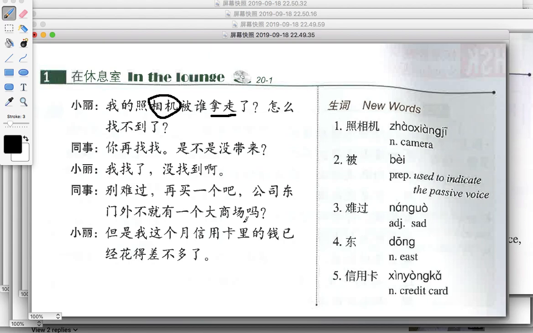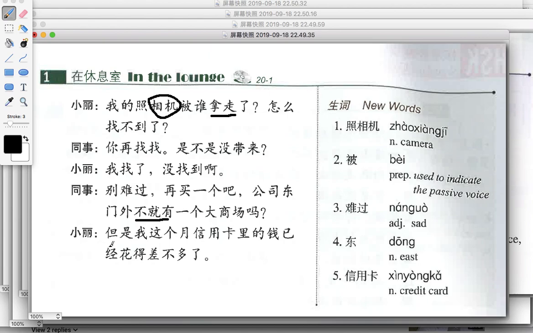We have 运动场, the sports field. 商场, business field, shopping mall. 公司东门外, outside the East Gate of the company. 不就有, that is a rhetorical question, another way of forming a rhetorical question. 不就怎么怎么样, whatever, right? 你不就是老师吗, aren't you a teacher?